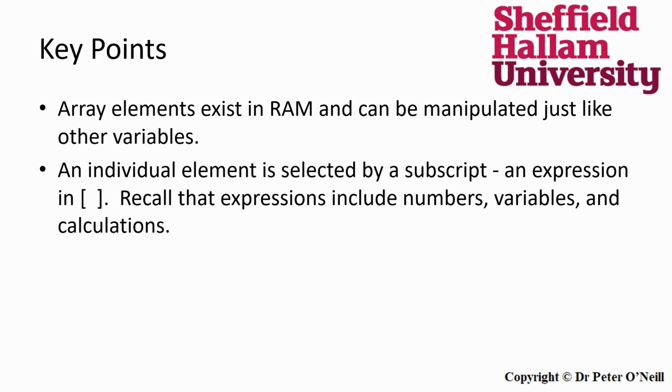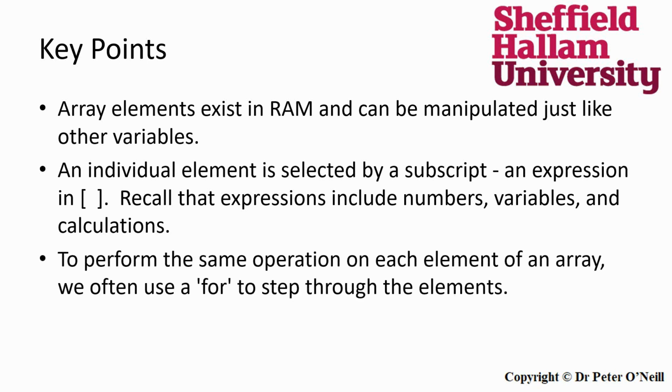Recall the expression can include a number, a variable, and calculations. To perform the same operation on each element of an array, we often use for, and we step through each of them in turn. We use for in arrays because they are static arrays, and therefore it's deterministic. We know how many times we're going to go round, therefore we use a for loop. We could use a do while, we could also use a while, but we tend to use a for loop.